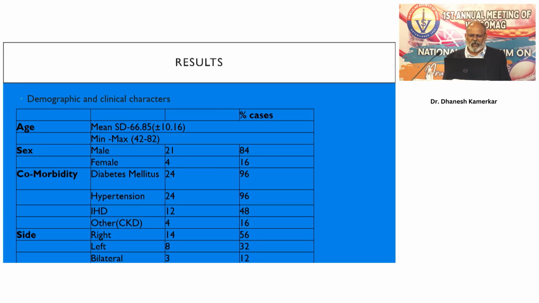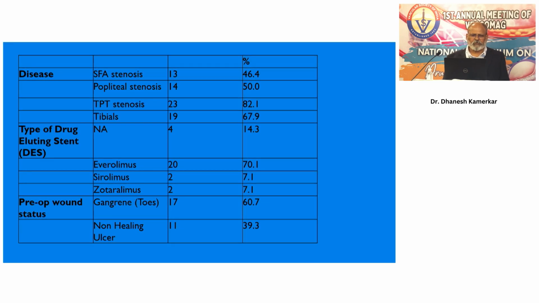Majority had diabetes and hypertension. 12 patients had ischemic heart disease, and 4 had CKD. Commonly, we saw more on the right side of the body, and 8 left legs were involved, and 3 in bilateral limbs.